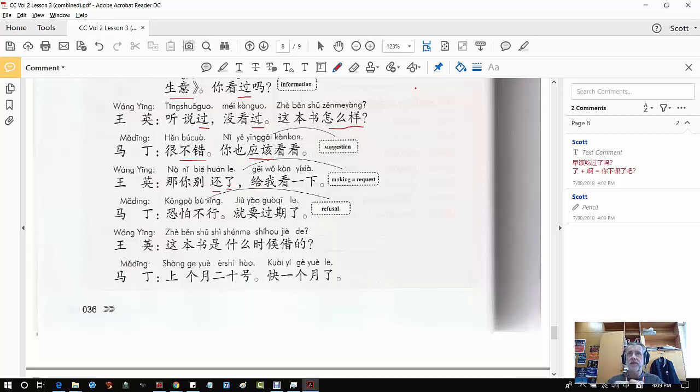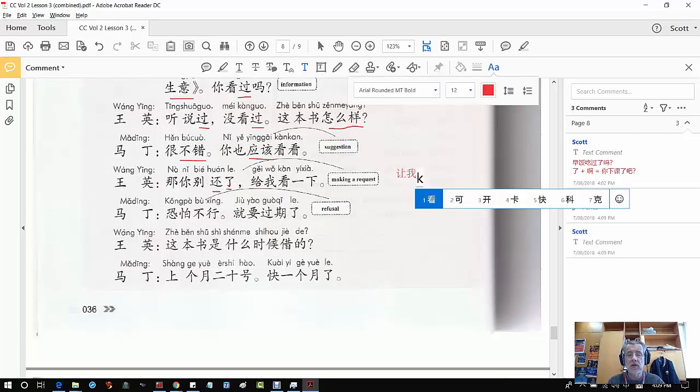Well, I guess it could be interpreted as, hand it to me, give it to me to have a read. Or it could also mean, let me have a read of it as well. So you could say, for example, 让我看一下. 让我看一下. Let me type that in. So she could also say, 让我看一下. That could mean the same thing as 给我看一下.